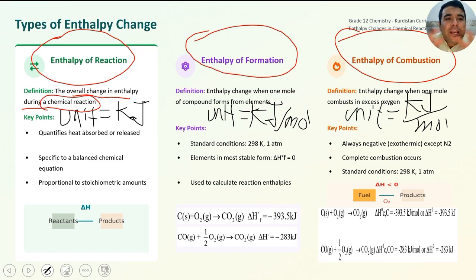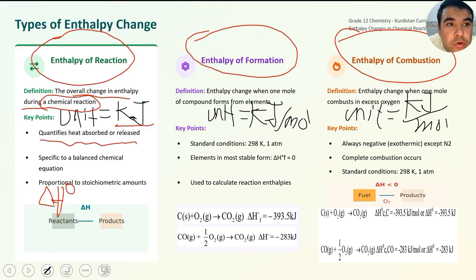This can be calculated for any reaction without any restriction, without any conditions, and has a unit of kilojoule. It is represented by delta H with this small circle, which we call the standard state, because we should measure the enthalpy at the standard states of the reactions.